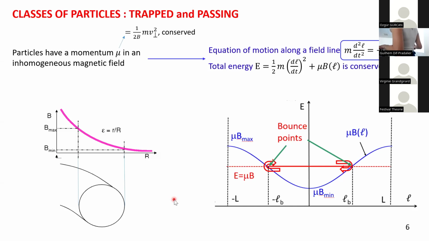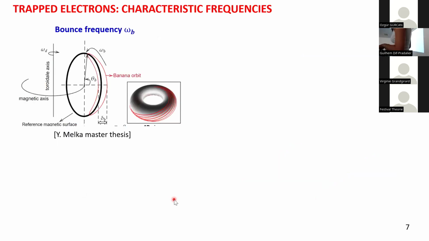Those particles will be stopped by the force, and they will be forced to bounce back and forth between two points in the magnetic well. Those particles are called trapped particles and have a typical trajectory with a banana shape, so it's called a banana trajectory.